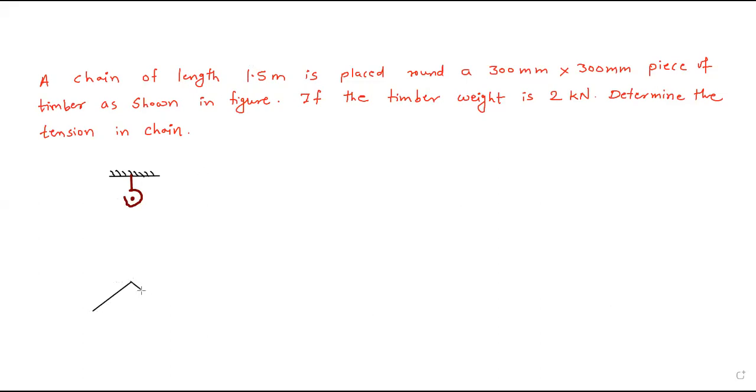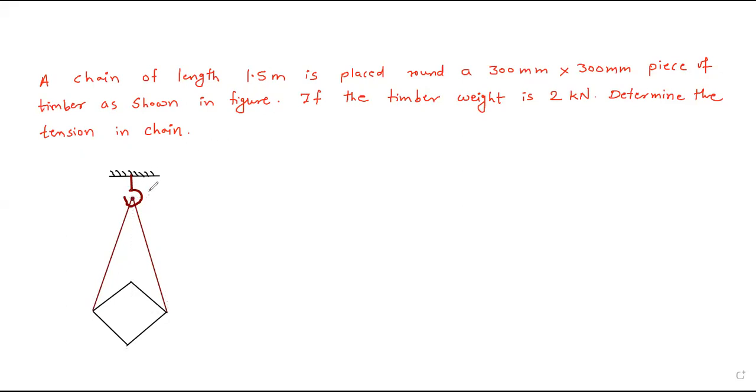So you also draw this diagram with me and also write down the numerical. This type of piece of timber is there, and now we will draw the chain. This type of chain is there. So this is the given problem.